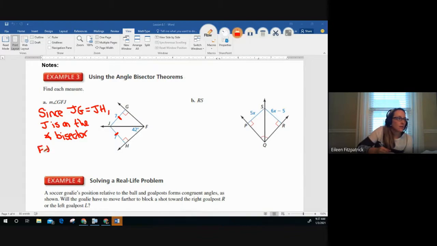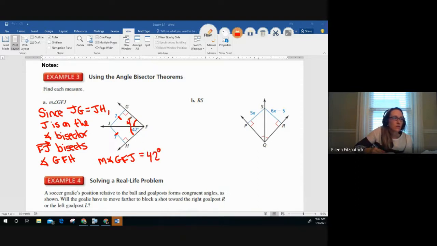Ray FJ bisects angle GFH. Okay, so in other words, this angle has to be congruent to that angle. So the measure of angle GFJ, that's this angle here, is equal to 42. It's 42 degrees. All right.